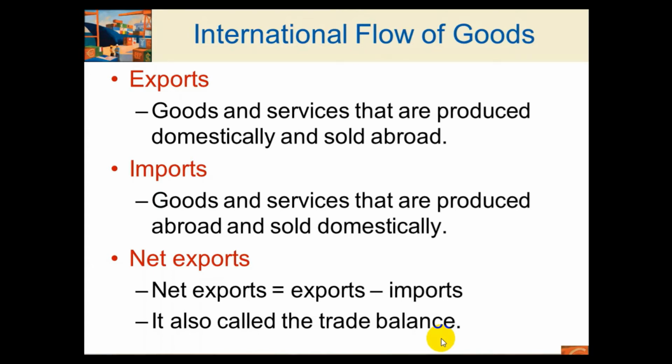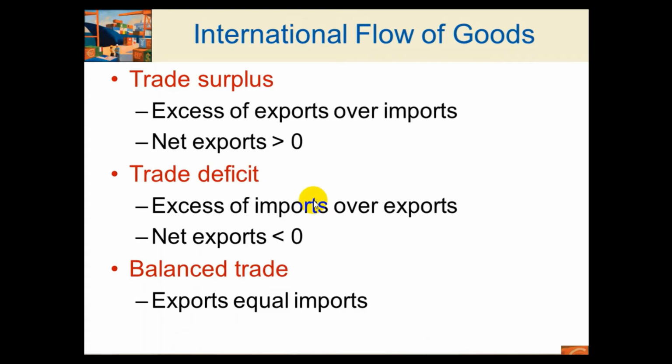Net export is one of the components in gross domestic product. Because net export is the trade balance, it allows us to determine the situation of surplus, deficit, or equilibrium in a country's relation with the rest of the world.